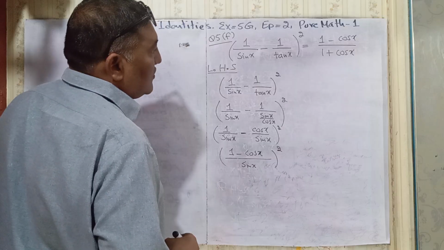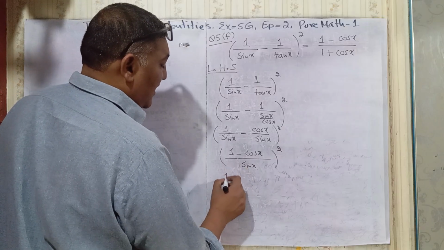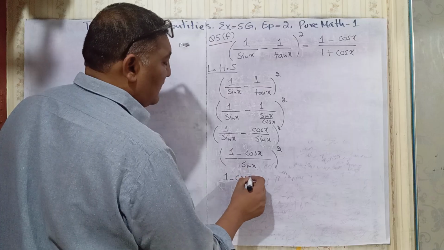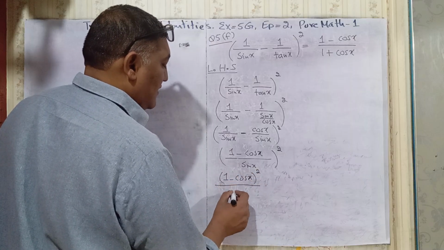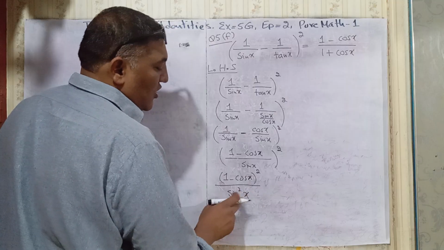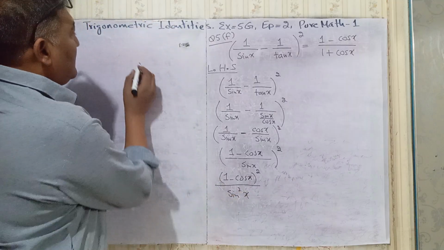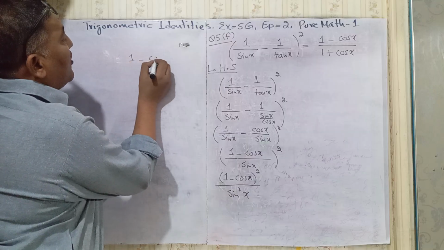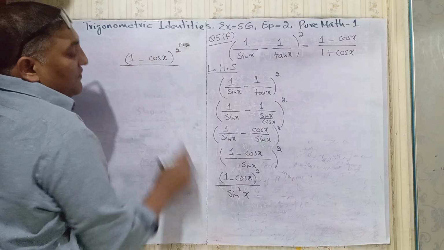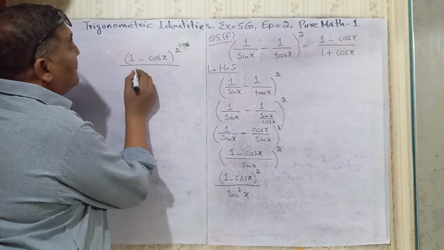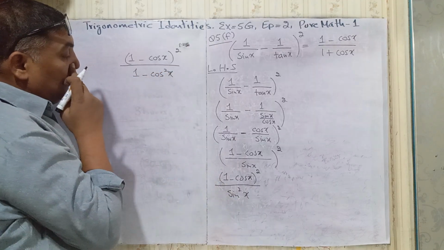So this is (1 minus cos x) whole square divided by sin square x. You know the sin square x can be replaced. So you here have (1 minus cos x) whole square, and in the place of sin square x, I can write 1 minus cos square x.